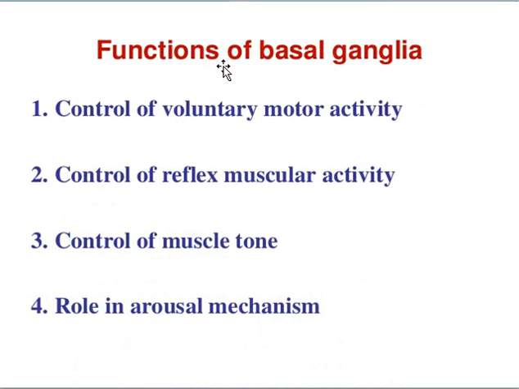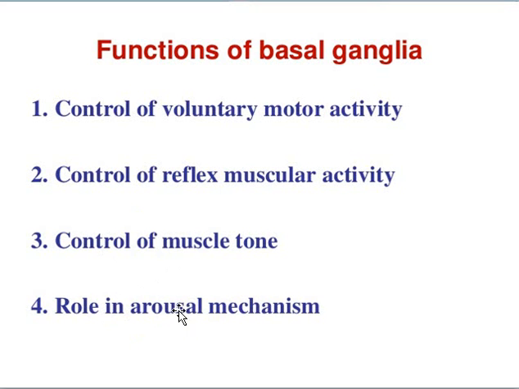Now the functions of the basal ganglia: control of voluntary motor activity, control of reflex muscular activity, control of muscle tone, and a role in the arousal mechanism. The arousal mechanism means emotion and memory.